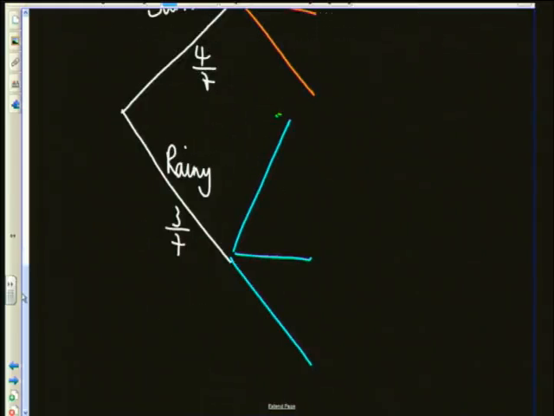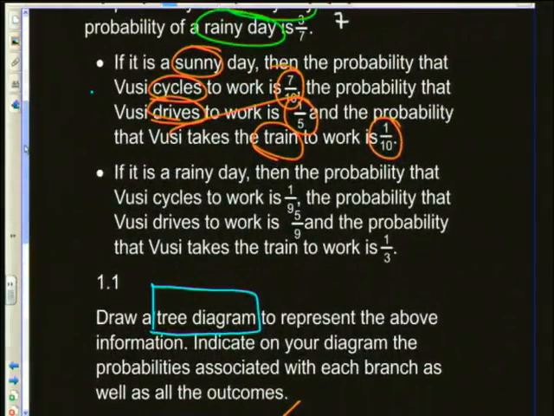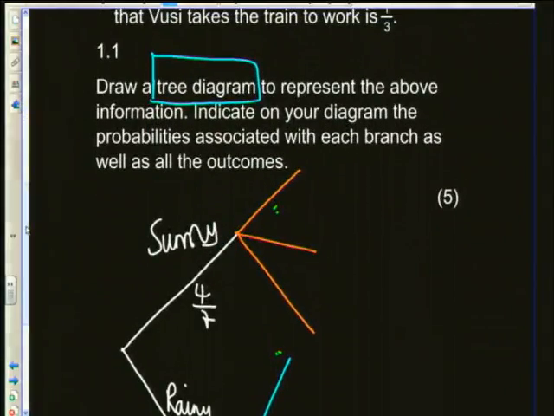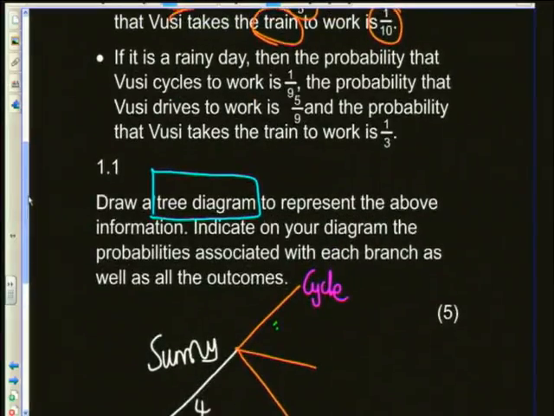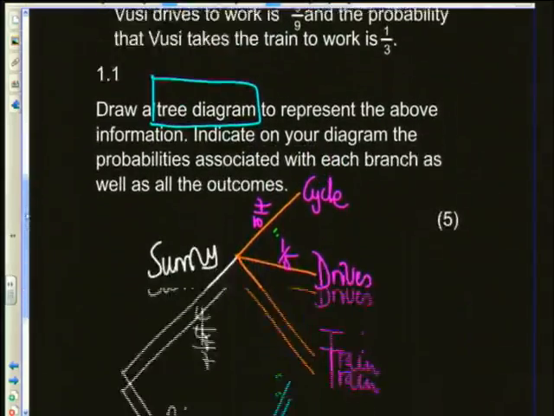Okay. So I need to fill in on the branches what each of the probabilities is. So we have cycling 7/10, driving 1/5. So let's go cycling. Cycle. We've got driving and train. Drives and by train. And the cycling is 7/10, the driving is 1/5, and we're just extracting that information, and the train is 1/10.